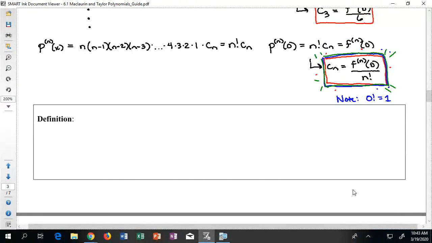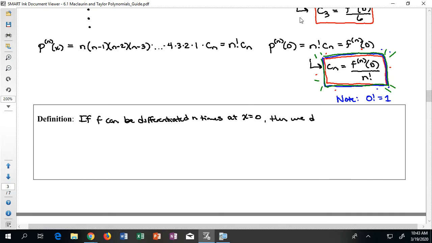So before we end this video, I'm just going to write down one final definition here that summarizes everything that we have. It'll say, if f can be differentiated n times at x equals 0. I might have to differentiate it a lot if I want to build some constants for it.